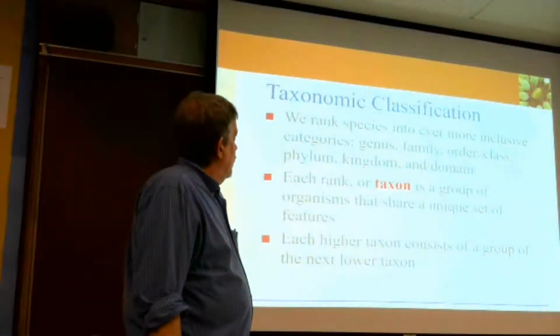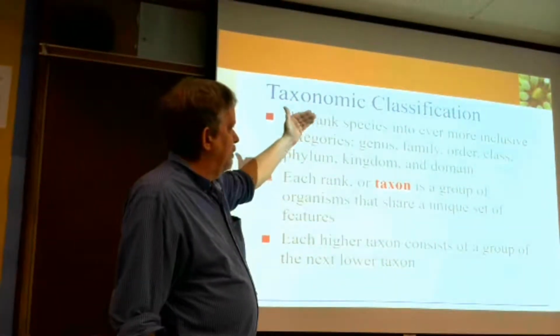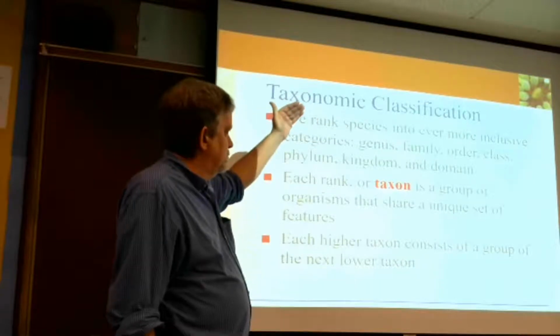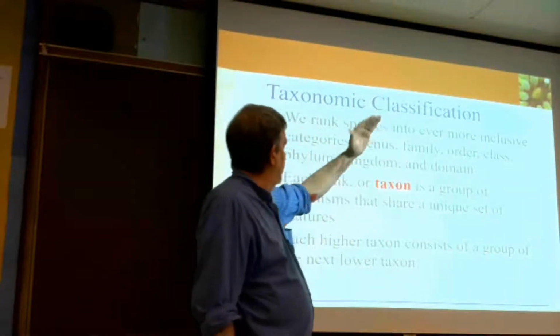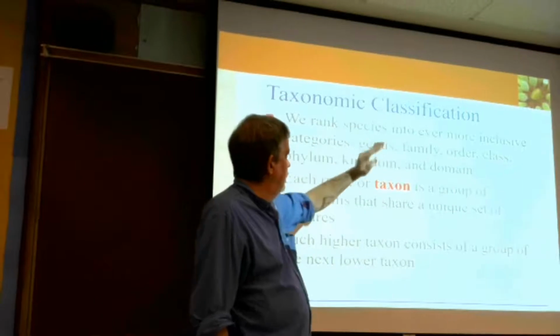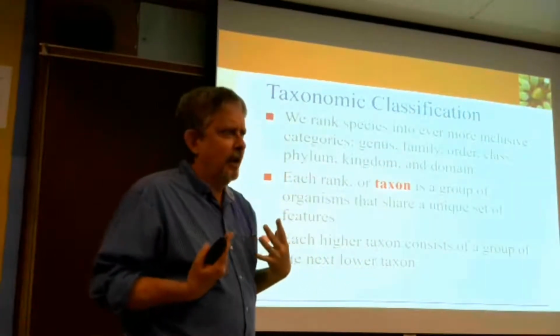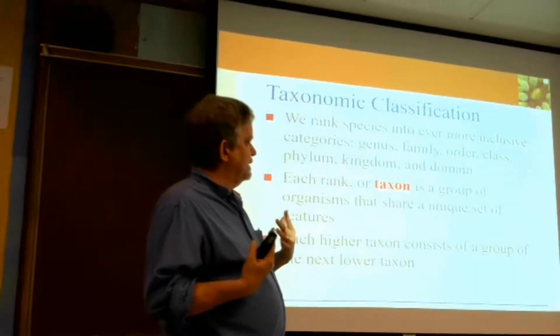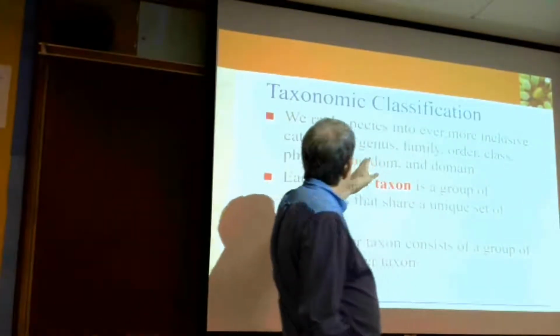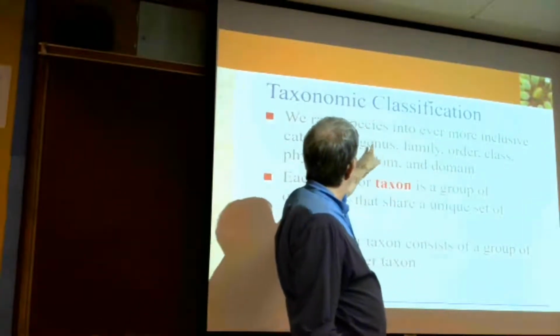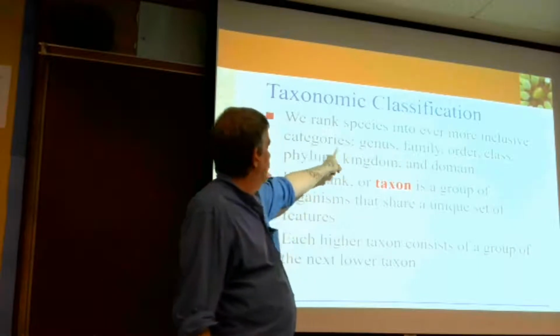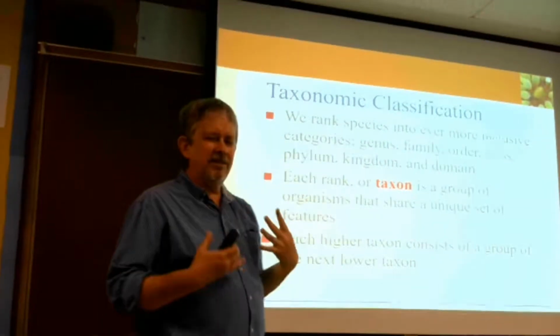All right, so we rank species into ever more inclusive categories: genus, family, order, class, phylum, kingdom, domain. Back when I was in high school, we learned this basic system, starting with domain. King Philip came over from Germany Saturday, put the species in there. So that's just a silly way to remember.